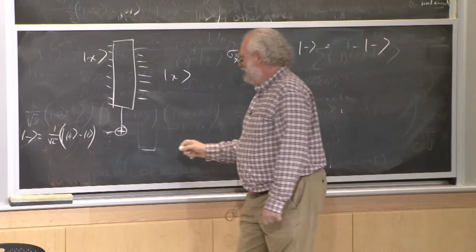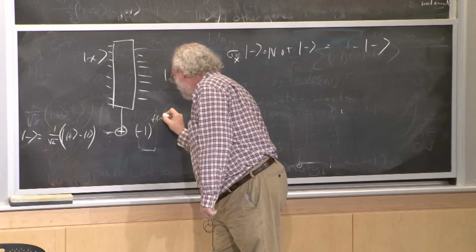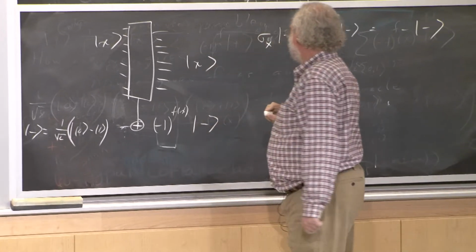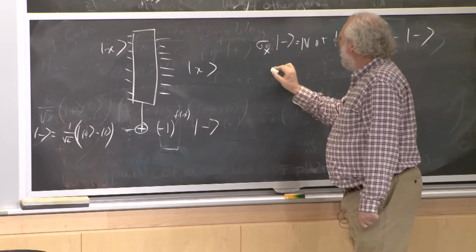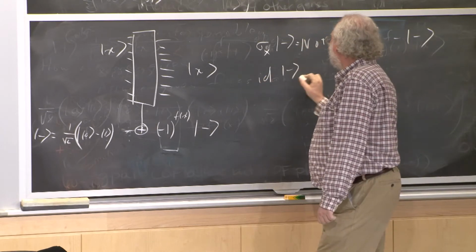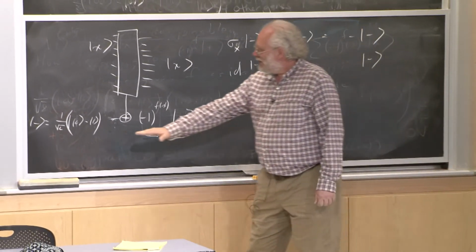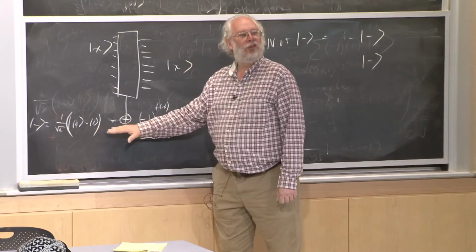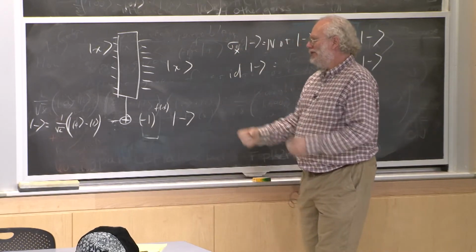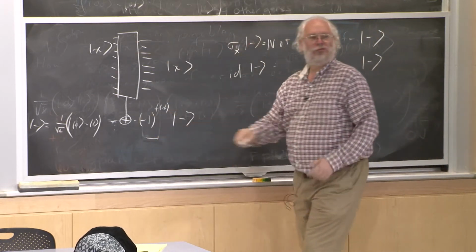And so this is minus 1 to the f of x minus. And identity applied to a minus is equal to a minus. So if you fix the input to this extra bit to be minus, then what you get is the phase oracle.